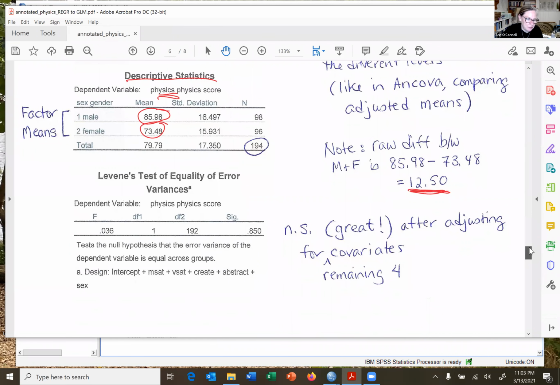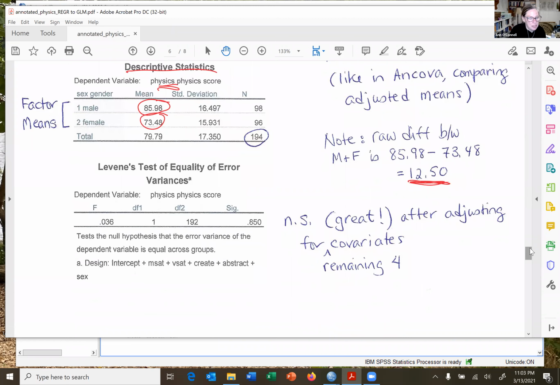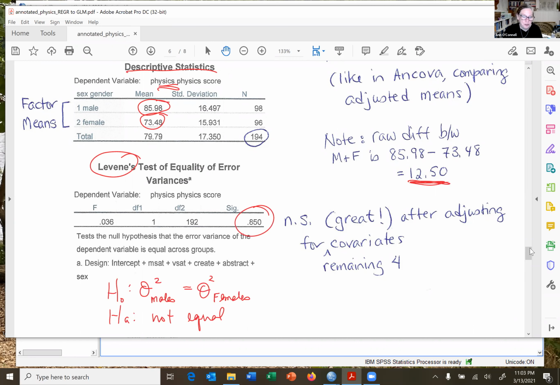In this same analysis, the next result we see is Levene's test. And again, this is testing whether or not the variance for males is equal to the variance for females. The alternative here is that they're not equal. The p-value here is very large, which for a homogeneity of variance test is great.